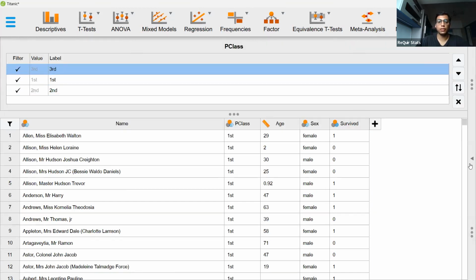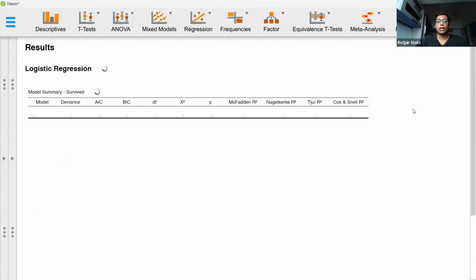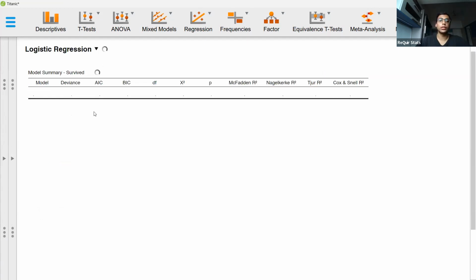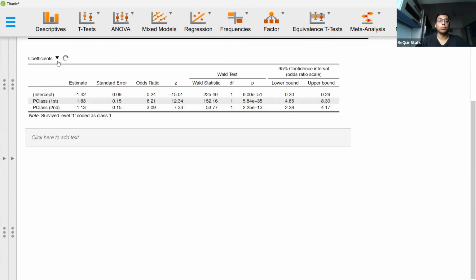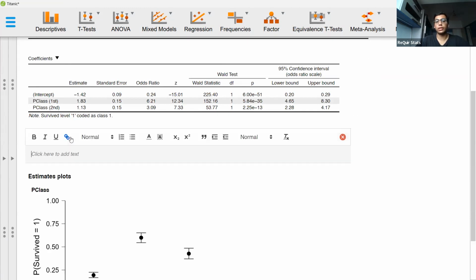So that is how it is. But now let's put this back where it was, and now let's interpret odds ratios, because this is easier to interpret. Okay, so now look at how easy it is to interpret.